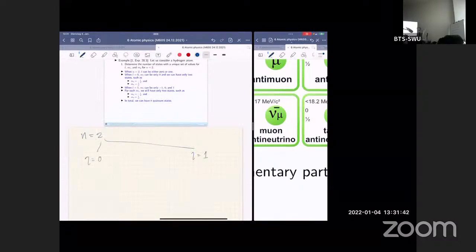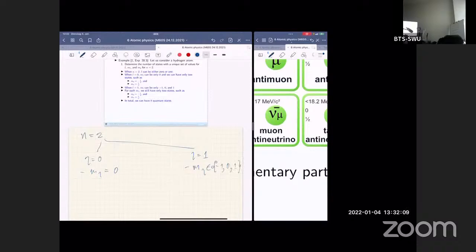Yeah, for L equal to 0, you could have ML equal to 0 only. And here you have ML equal to any value in that set between, it's -1, 0, and 1, right?